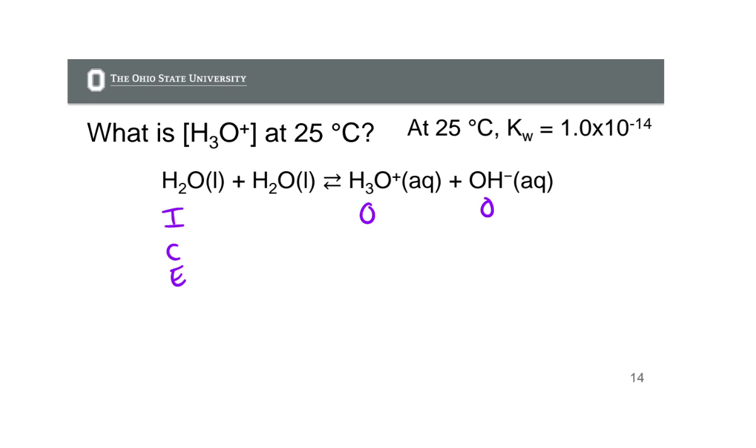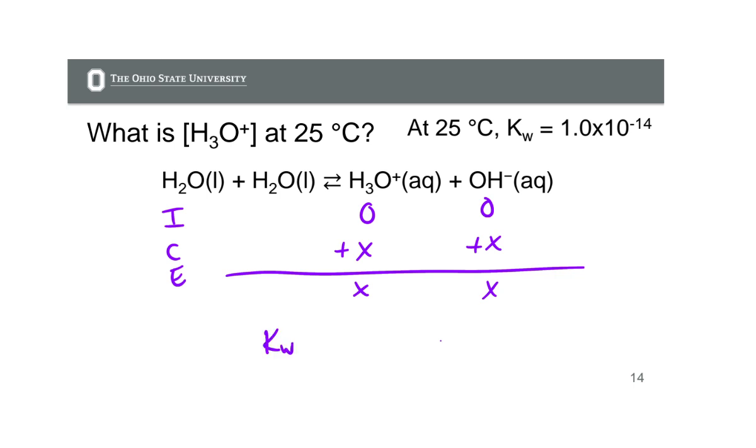And as the reaction proceeds, we form some amount X of those two species, looking at their stoichiometric coefficients here. So plus 1X for both. Then at equilibrium, we have X moles per liter of both H3O plus and OH minus.